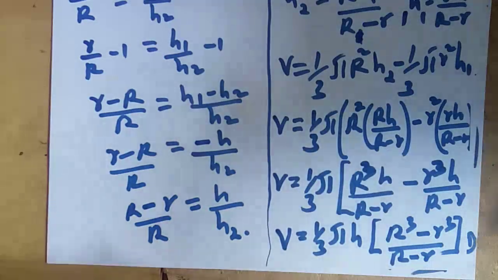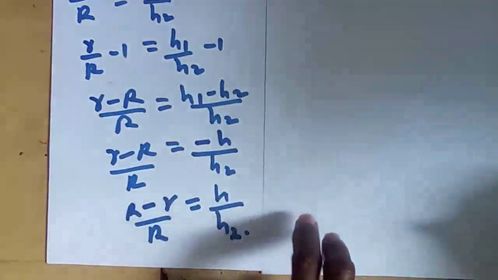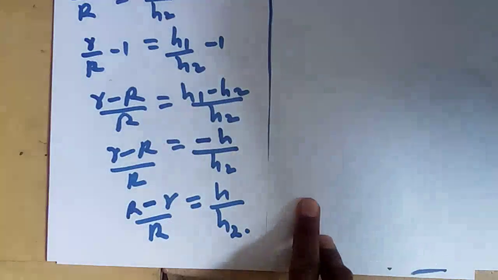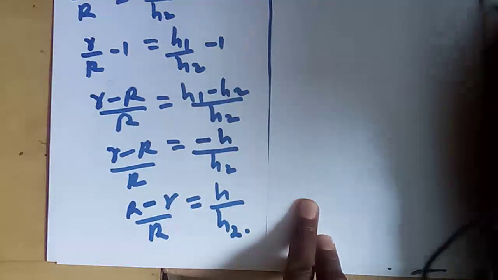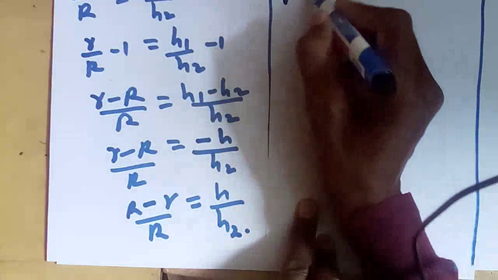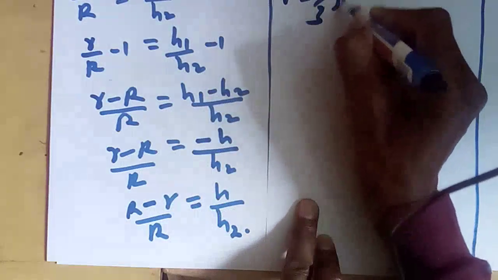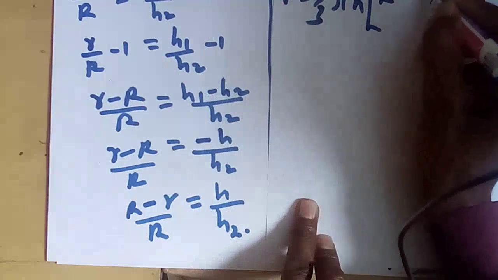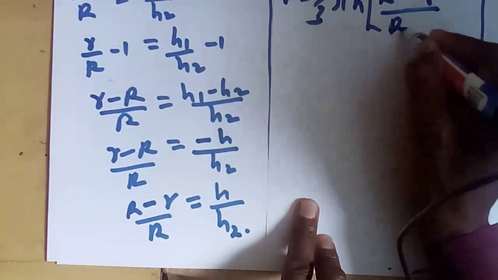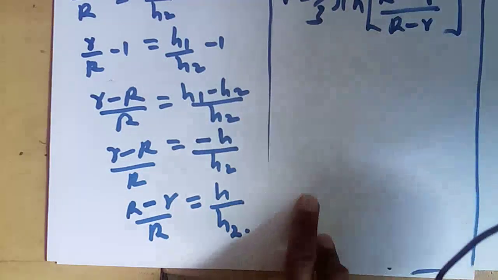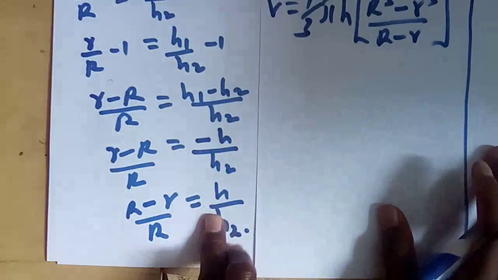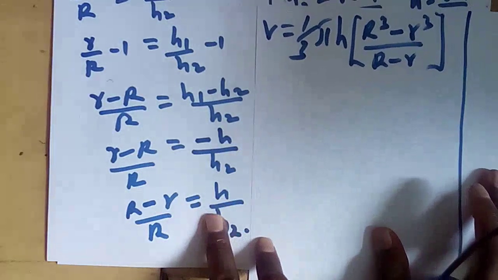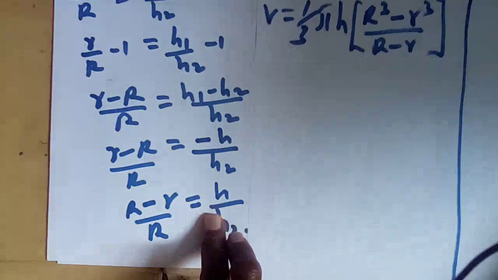But alternatively, from this particular formula, which you've gotten as volume is equal to a third pi height into R cubed minus r cubed over R minus r, we can actually simplify this particular formula. Remember, we've said something about this one.